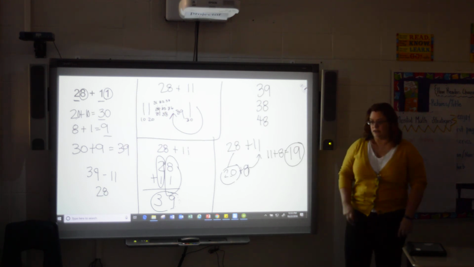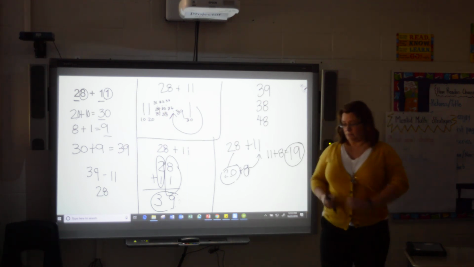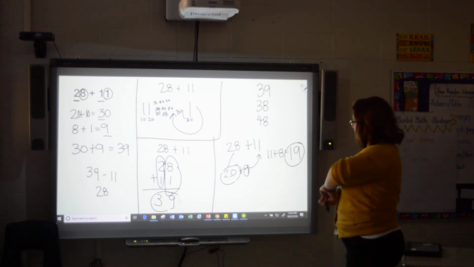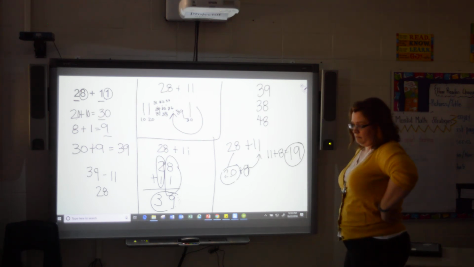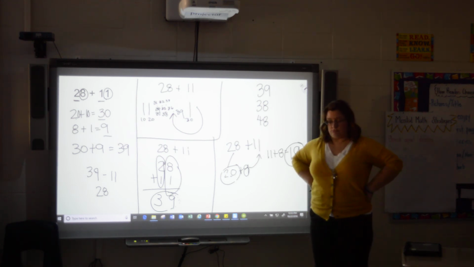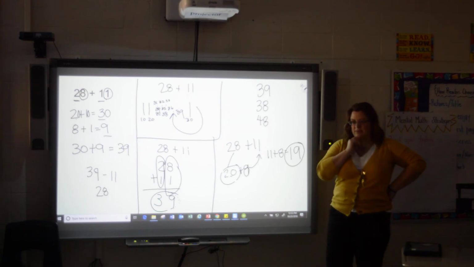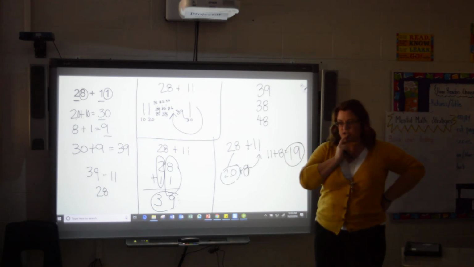Tell me what you did then. You added the 20 and the 19 together? Can you do something to the 19 to make it simpler? Easier to work with?